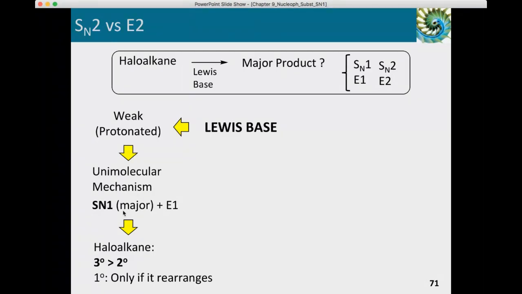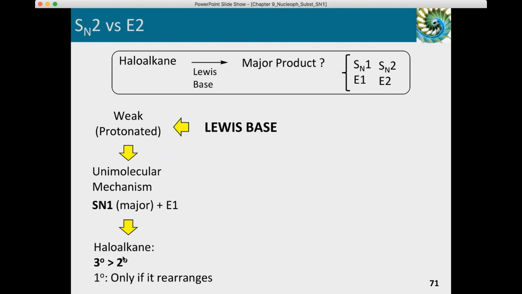And we also learn here that this reaction goes faster with tertiary haloalkanes and secondary haloalkanes because those are the ones forming the most stable carbocations. We discussed carbocation stability. Remember the factors affecting carbocation stability: inductive effect, hyperconjugation effect, resonance.